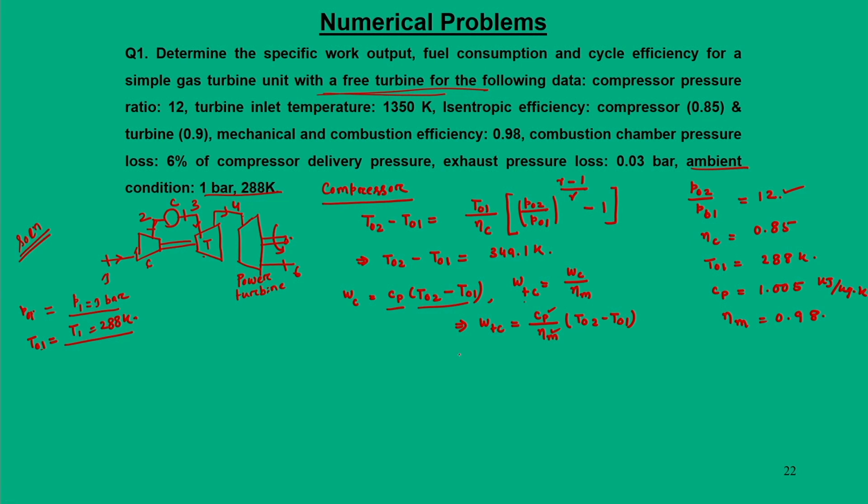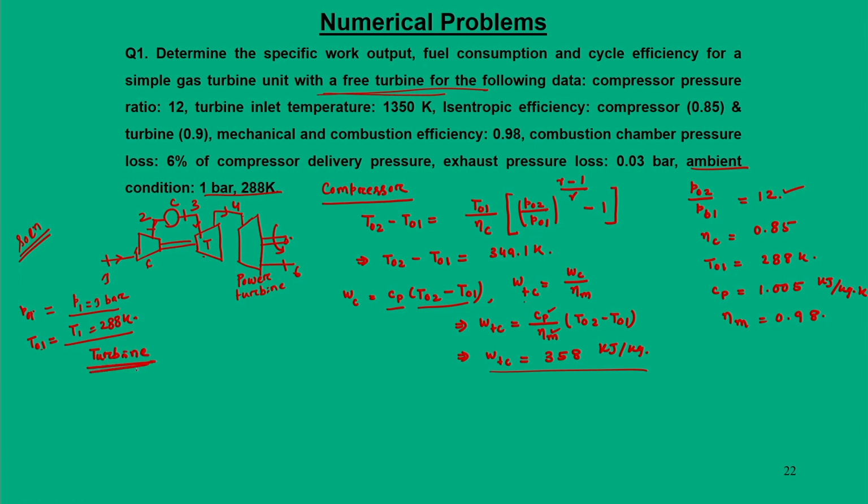So the turbine work that drives the compressor, Wtc, is equal to 358 kilojoule per kg. Okay. Then you come back to the turbine side because you also have to know the other pressure ratio and temperatures.